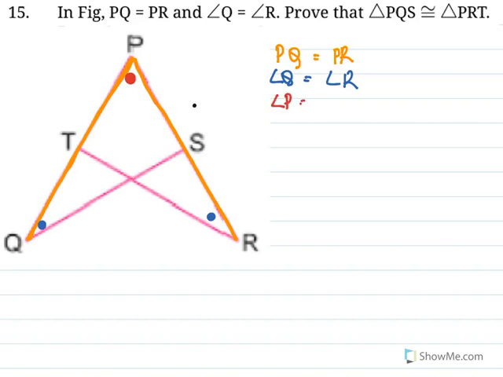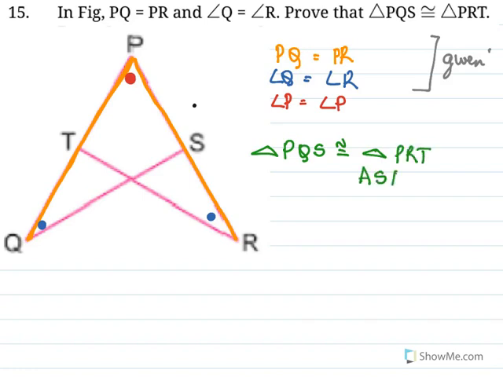This was given to us. So the triangle PQS will be congruent to triangle PRT by ASA test.